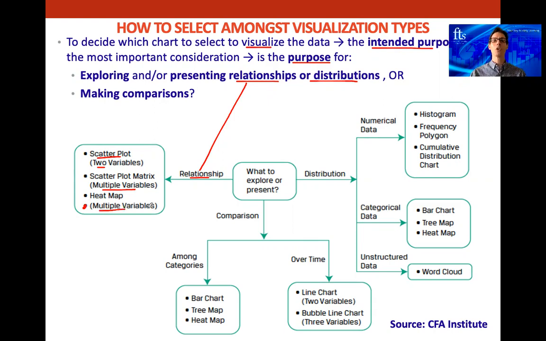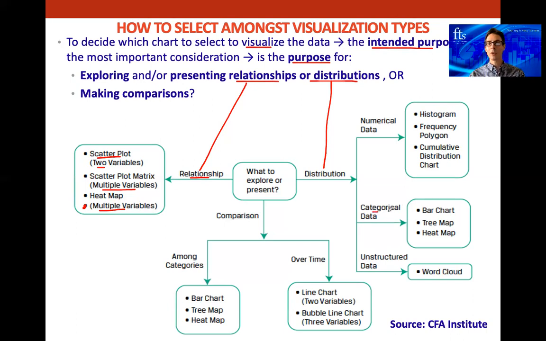Now, what happens if we want to explore or present distributions? If it is numerical data, like we did a few classes ago with our Riverside retail, the returns on the Riverside retail shares over the 10-year period, then that was numerical data. And we remember we did the histogram, the frequency polygon, and the cumulative distribution chart.